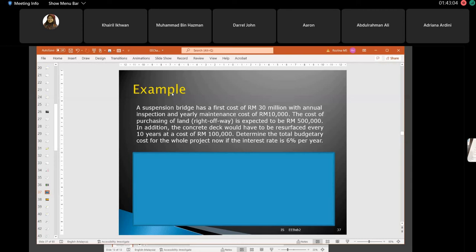In addition, the concrete deck would have to be resurfaced every 10 years, which means like maintenance, at the cost of 100,000 ringgit. Determine the total budgetary cost for the whole project if the interest rate is 6% per year. Try to draw the cash flow diagram first.